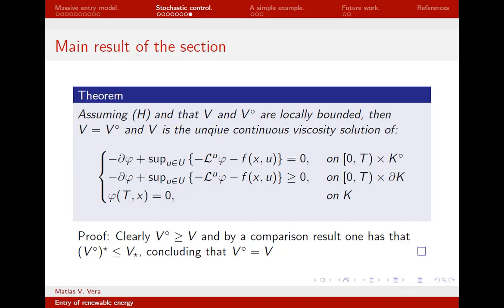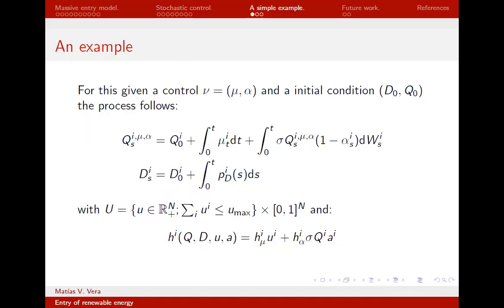Okay? So now we're going to pass to a simple model. In this model, we're going to separate the control into two things: one called the investment and one called the stabilization factor. And the investment is simply buying panels, and it's going to go this way. And the stabilization factor, you may think of it as: if I need energy, I buy it from another place, and I can buy a percentage of the volatility from another place.